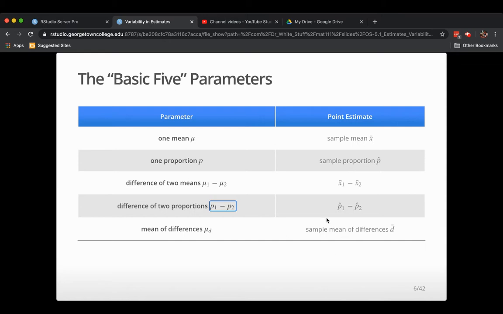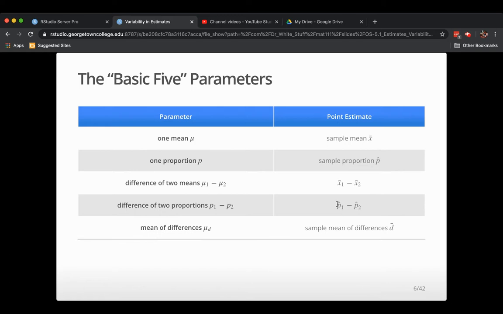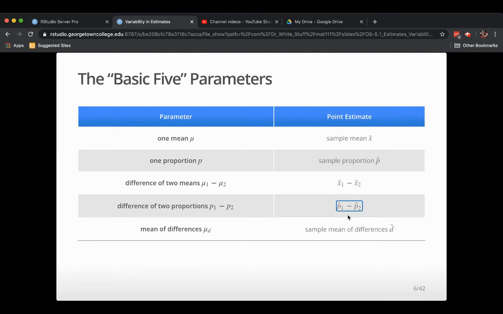What you might do is take a sample from each population and compute the sample proportion in the first sample that has the characteristic you're interested in, minus the proportion in the second sample that has the characteristic you're interested in, and subtract. That's one single number, and that point estimate, that statistic, is used to estimate this parameter.